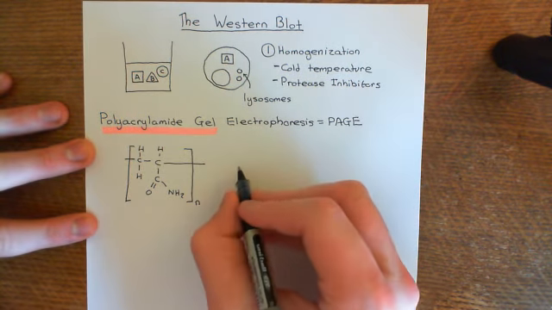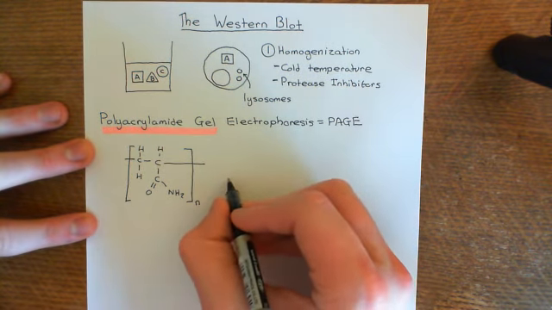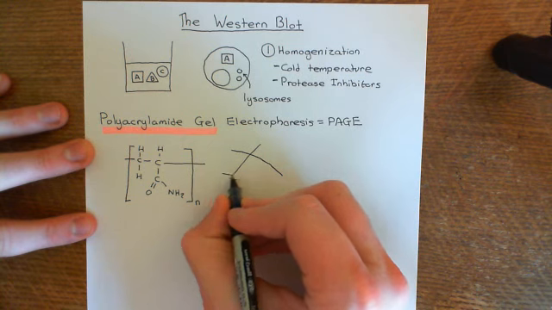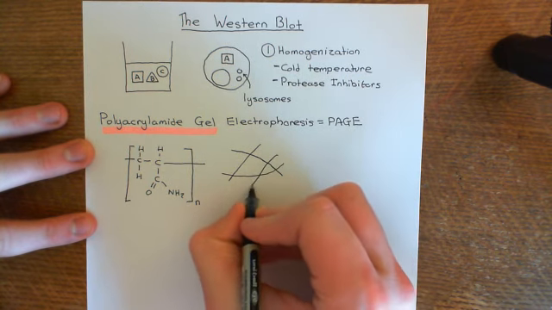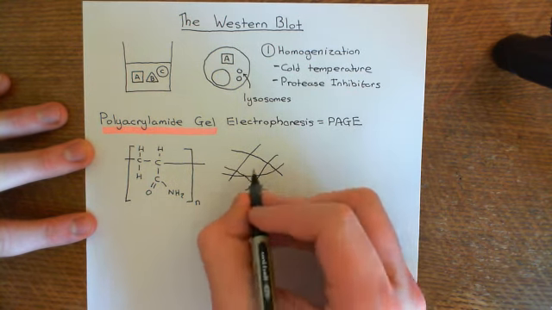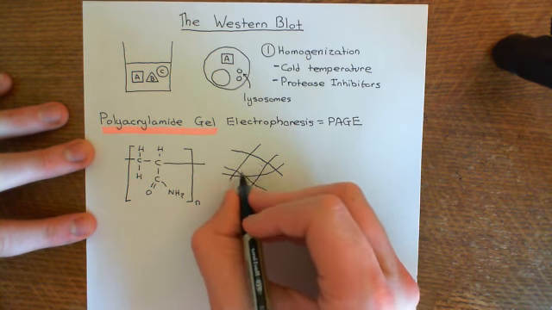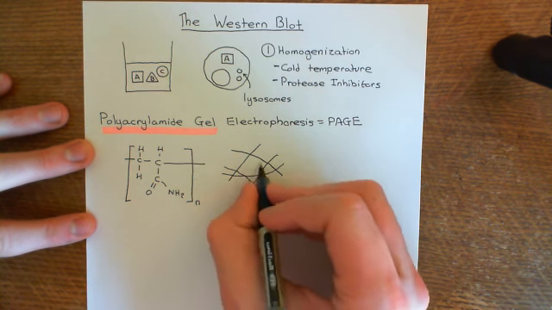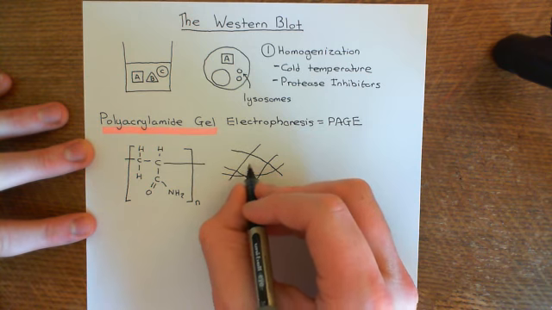Basically, these polyacrylamide molecules are huge, great polymers. So within the gel, you'll have these large polymers forming a meshwork like so. If you have quite low density polyacrylamide molecules, you'll have quite big gaps between them.